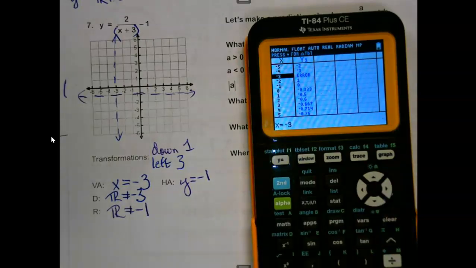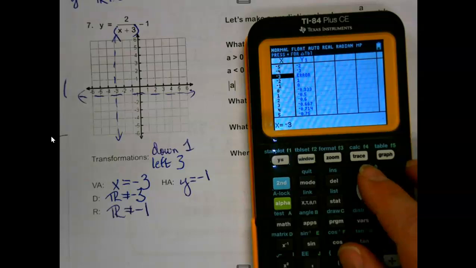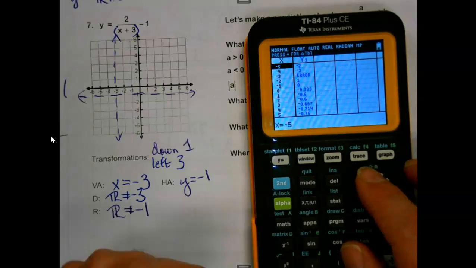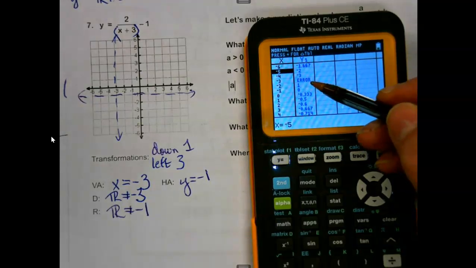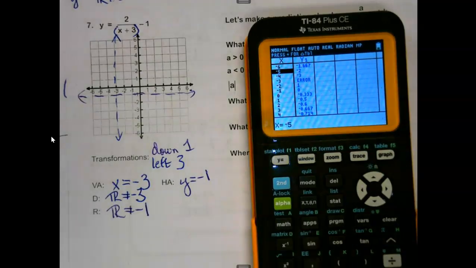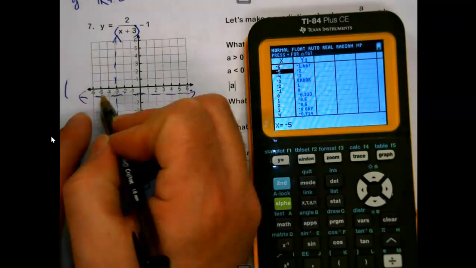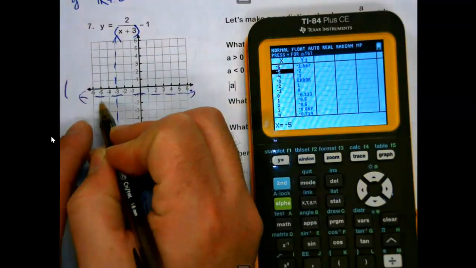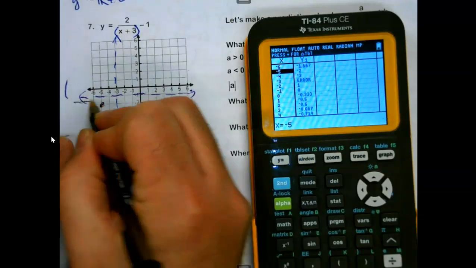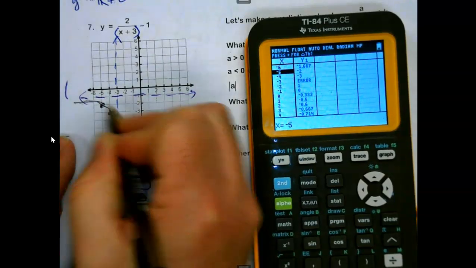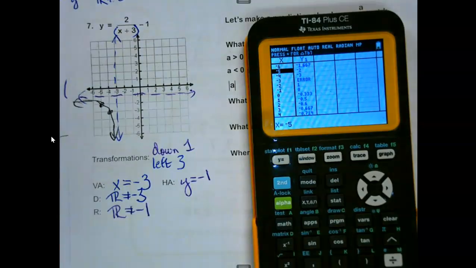And when you go to graph these, my usual rule of thumb is you want at least 2 points on each side of your asymptote, preferably whole numbers. So like here, -5, -2, -4, -3. So there's my branch there.